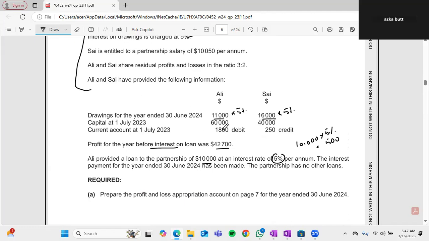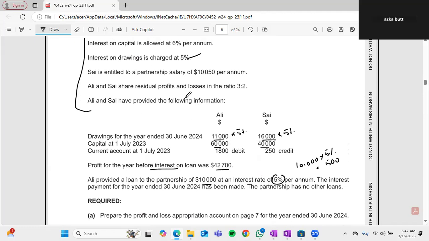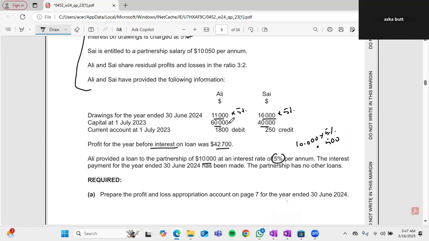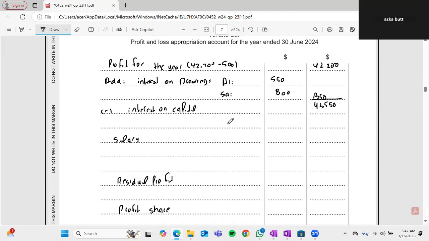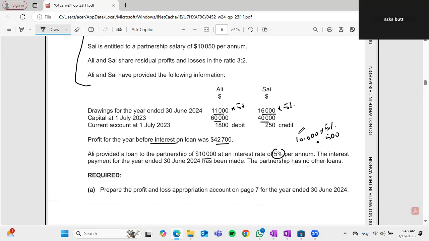Okay, now let's see the interest on capital. The capital investment is 60,000 and 40,000, and interest on capital is 6%. So apply 6% on 60,000 and 40,000 respectively. You get the answer for Ali, which is 3,600, and for Sayi, which is 2,400. And let's see the salary as well.